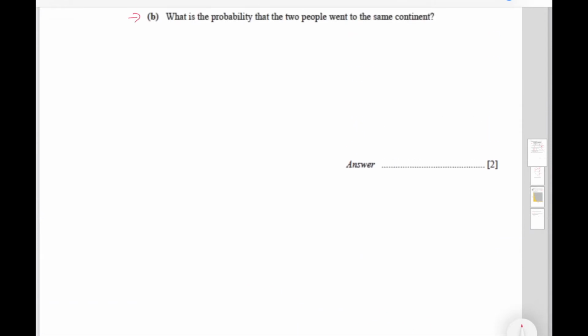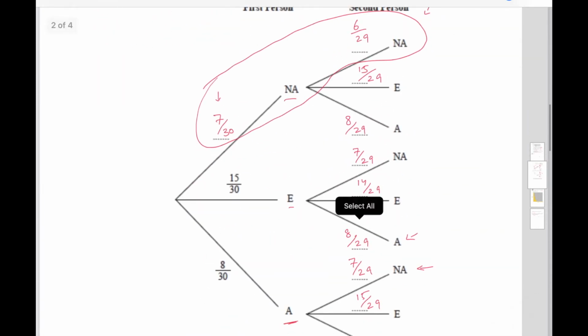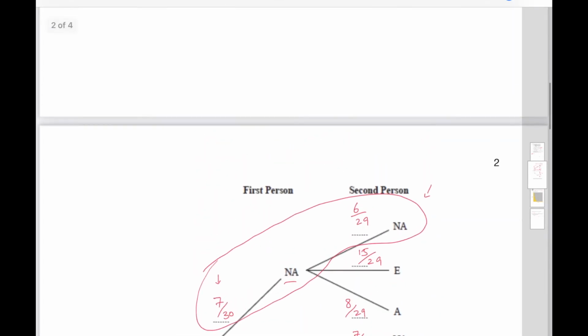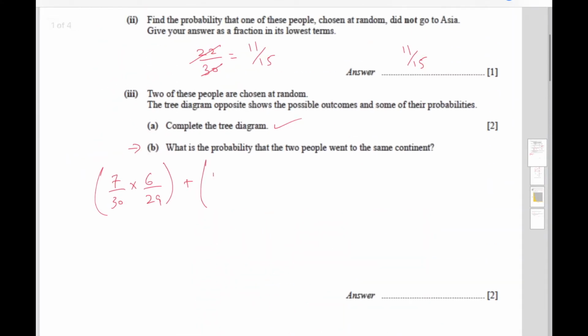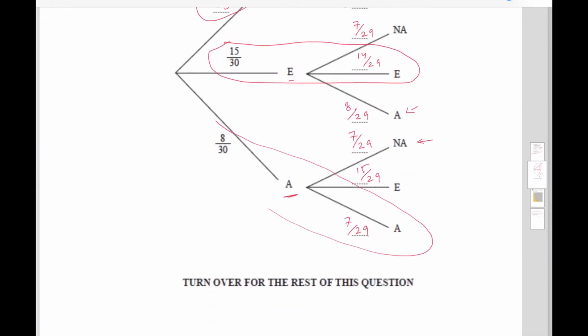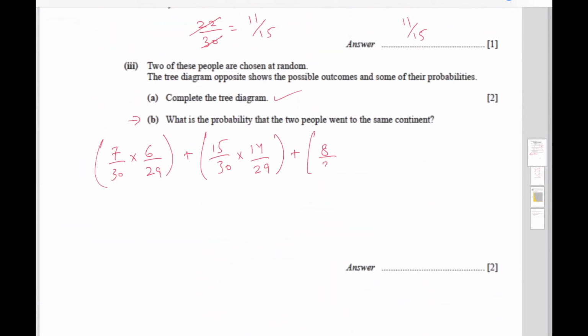And you add this to 15 out of 30 and 14 over 29 for the Europeans, plus the last one is going to be Asia and Asia, which is 8 out of 30 times 7 over 29.